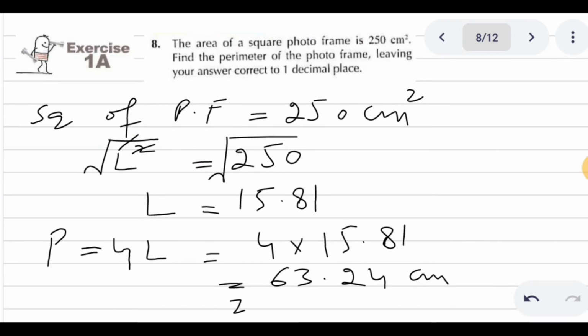So I will write it in a simplified form. It is 63.2 centimeter.